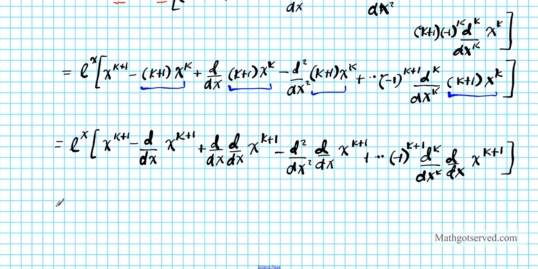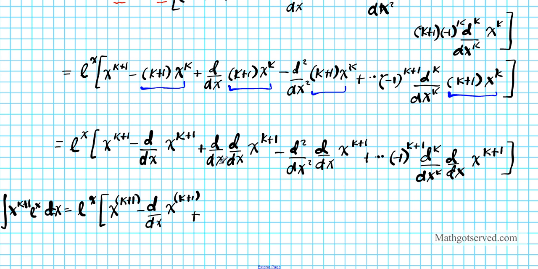and that will be that. So it's going to become, let's put in the left side here. We're integrating x to the k plus 1, e to the x dx equals, we're going to have e to the x, that was factored out, times x to the k plus 1 minus the first derivative of x to the k plus 1. Let me put the k plus 1 in parentheses so it's obvious for you to see that we are actually done with the proof.